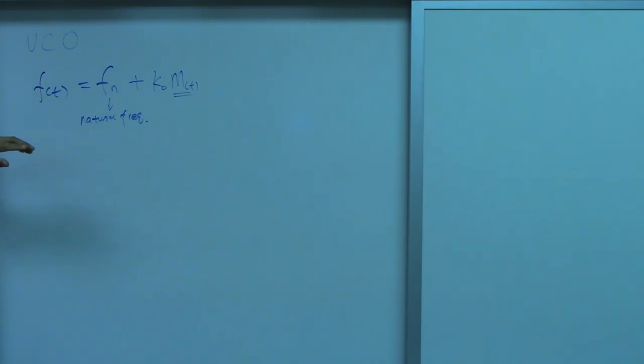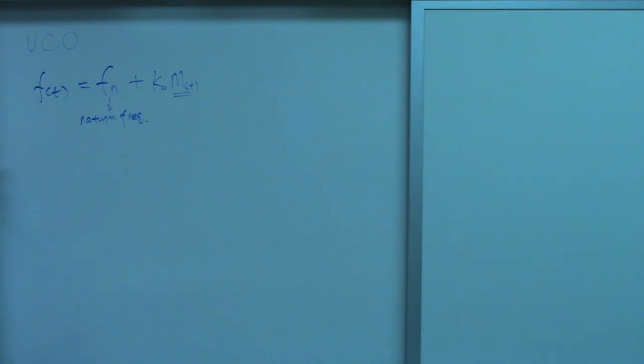Remember, when we discussed the oscillator, the 12 volt source or 5 volt source does not change the oscillating frequency. The oscillating frequency only depends on the L or the C or some other, but not the power. Which one is also called the free running frequency? This one. It means if this term equals 0, then the frequency equals this one. It's called free run.